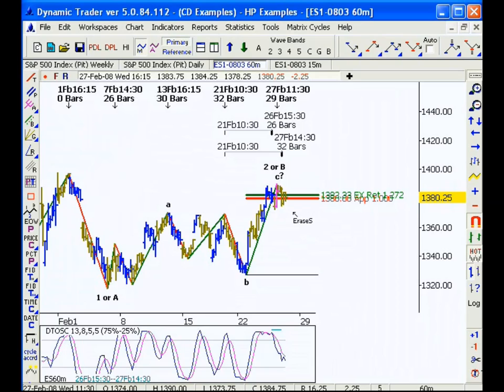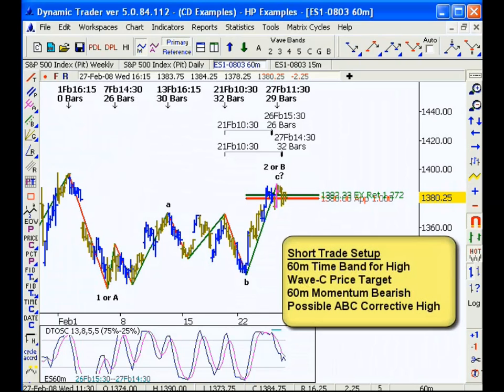So what a great position for a possible ABC high as of February 27th. So everything's in place to initiate a short position.